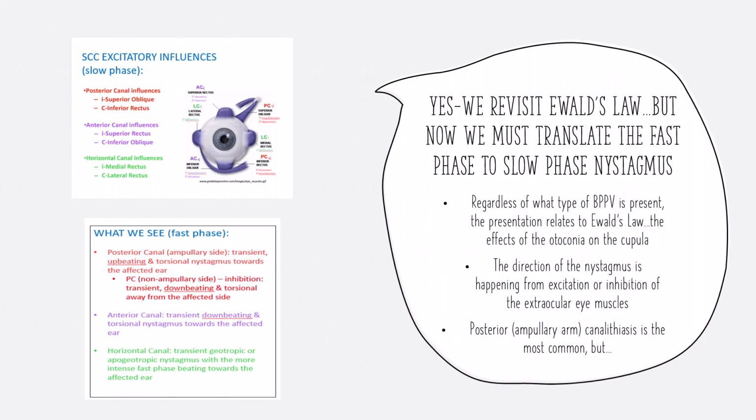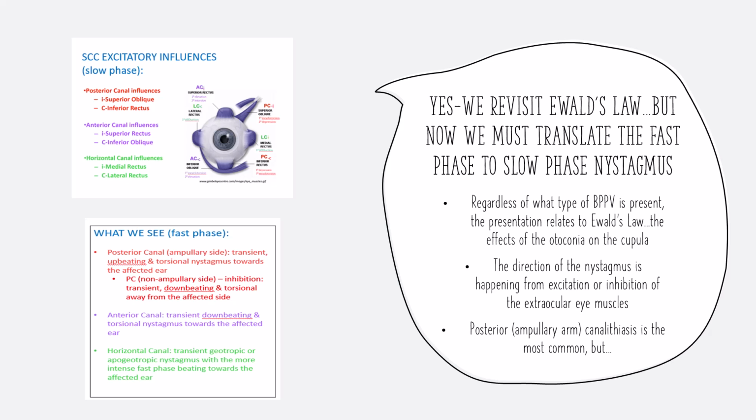So yes, again, we revisit Ewald's Law, and we translate this fast phase to slow phase nystagmus. So we define nystagmus by the fast phase, but we have to remind ourselves that the vestibular system drives the slow phase.